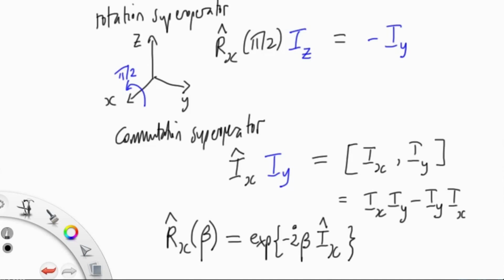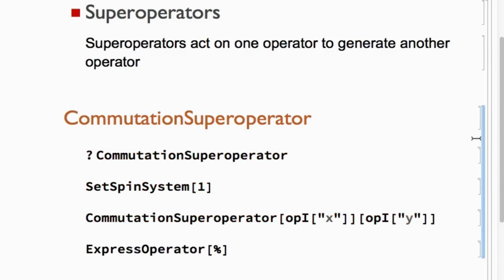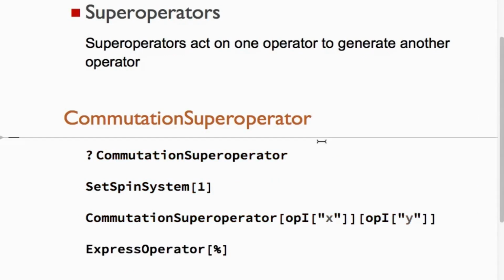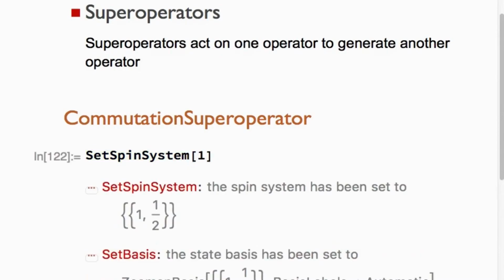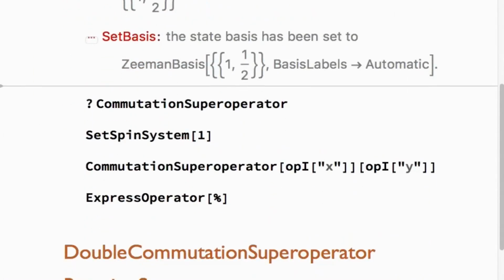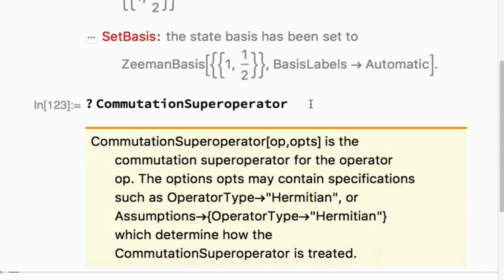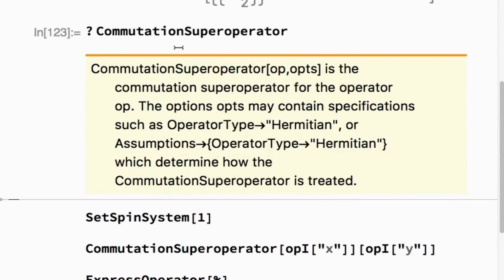So let's have a look at how this works in SpinDynamica. We can start by setting up a spin system of a single spin half. SpinDynamica contains a commutation superoperator object, which has this property of generating a commutator.